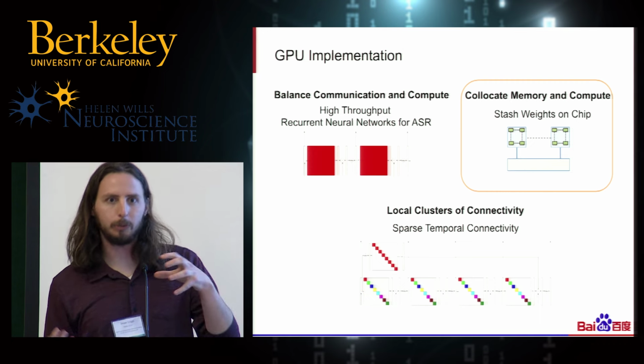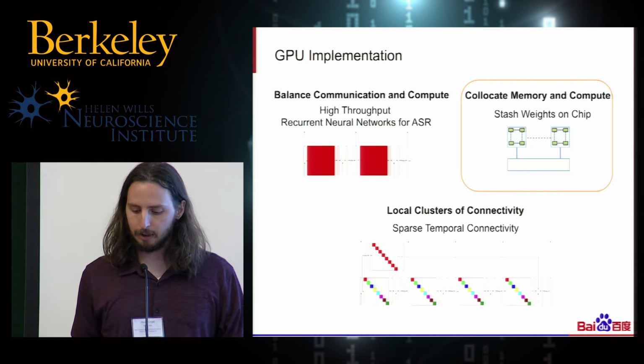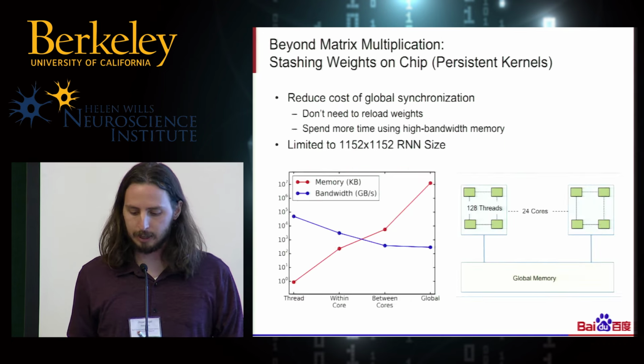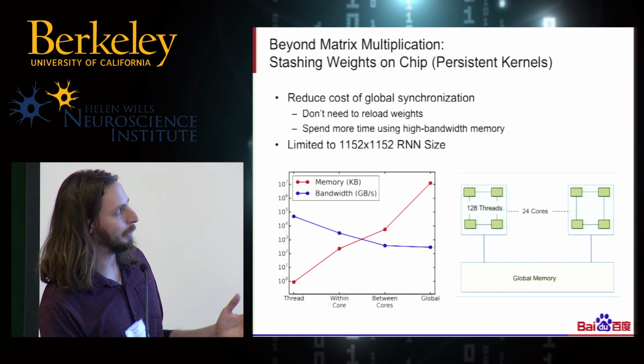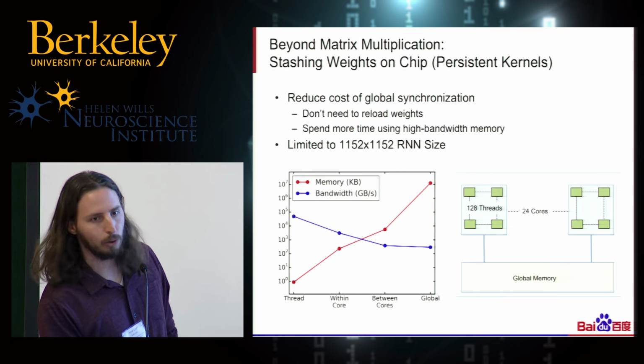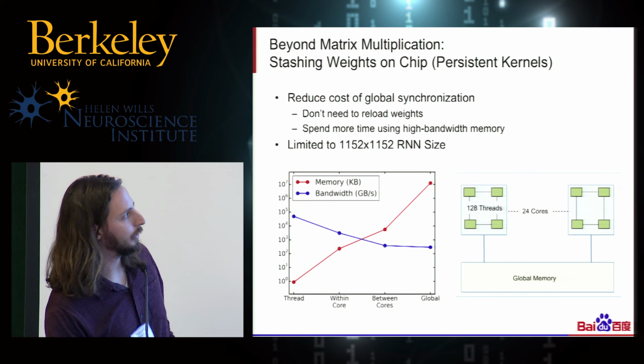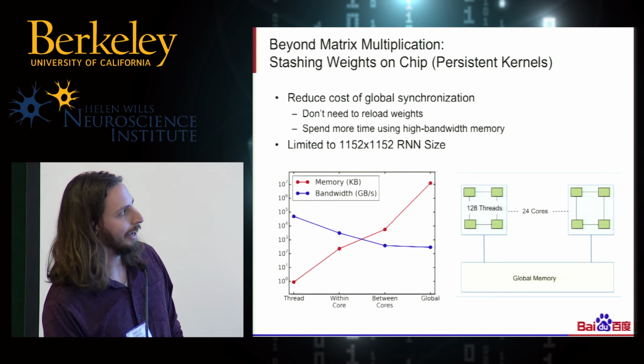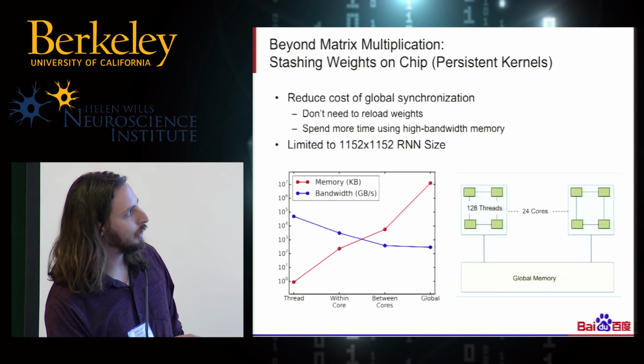Here we're coming from compute and embedding memory. And what's nice is that GPUs have a lot of distributed memory present. This is a very rough sketch of a Titan X GPU, but it has 24 of these cores, or streaming multiprocessors, and each one of them has 128 threads. And each of those threads has its own designated memory.